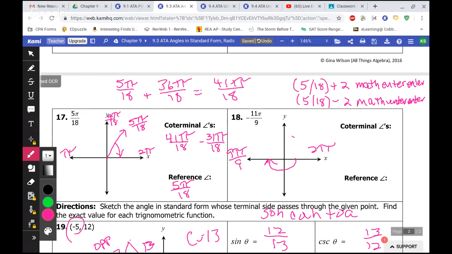But on this, we're just going 2 pi over 9 past that. So the good news for that one is this is the reference angle, this piece right here. And so I would just subtract that 9 pi over 9. So my reference angle is 2 pi over 9.